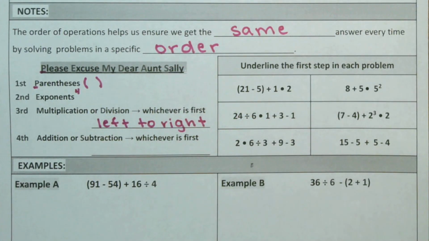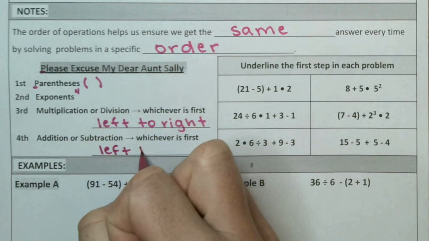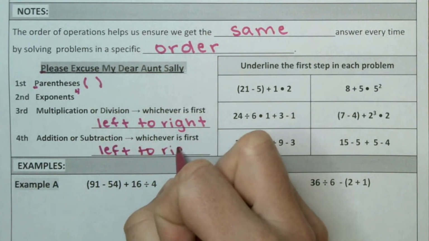If multiplication and division were superheroes and they versed each other, it would be a tie. Okay, so once again, do whichever comes first. We'll practice that in just a second. And then our least powerful operations are addition and subtraction. They are also tied in terms of powerfulness, and we'll do whichever is first, left to right.